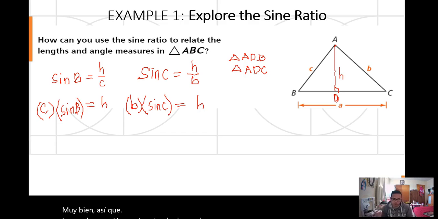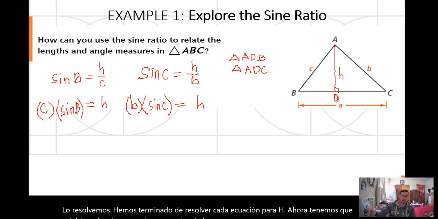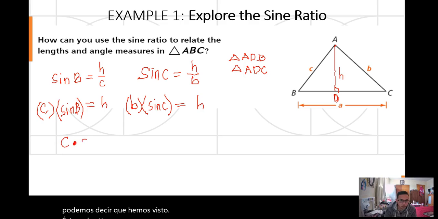Now we set the two expressions for h equal to each other. So c times sine B is equal to b times sine C.